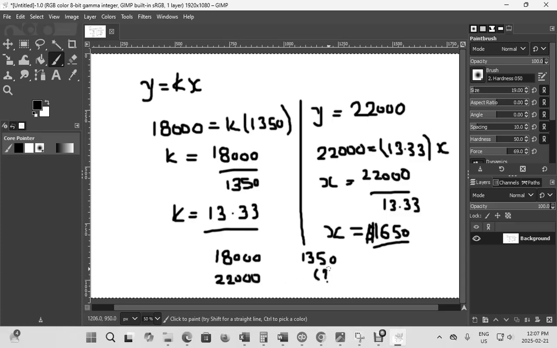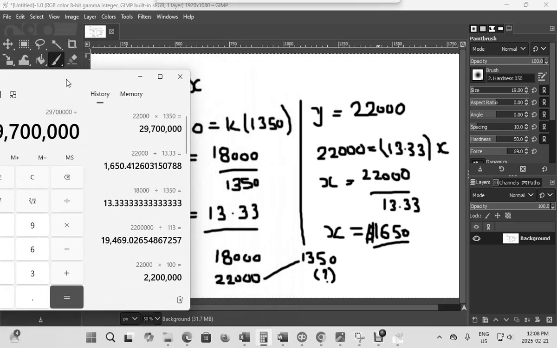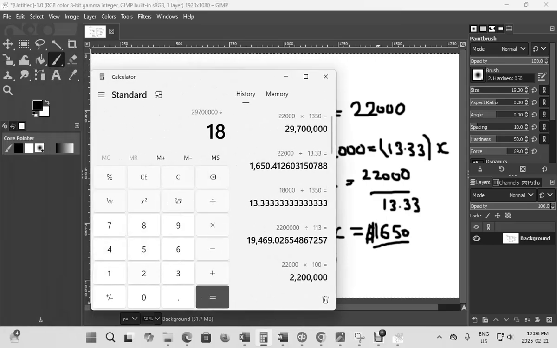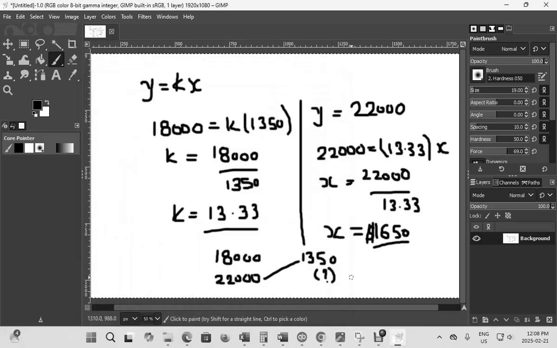This will be 22,000 times 1,350 divided by 18,000. That comes around $1,650, and this is the final value, so to speak. $1,650 will be our final value for sales tax.